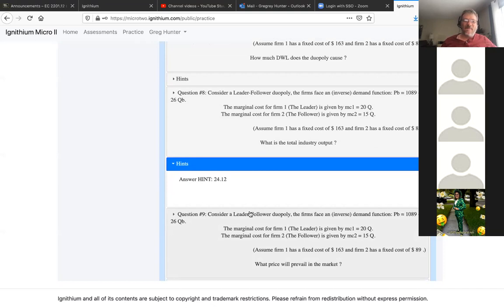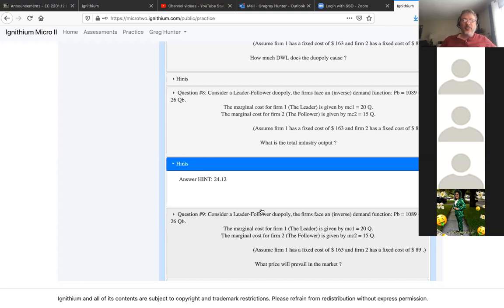Yeah, so the reaction functions are similar, same quantity, all that, but for number 8, I'm having trouble getting to that 24.12, but I think that's on my end. Just remember that in the leader-follower model, the leader, in this case firm 1, doesn't have a reaction function. What you do is you take the residual demand.